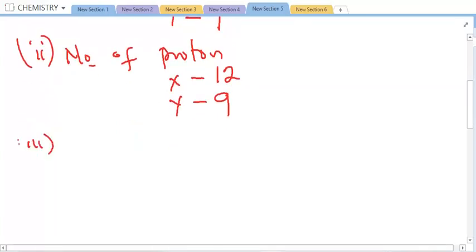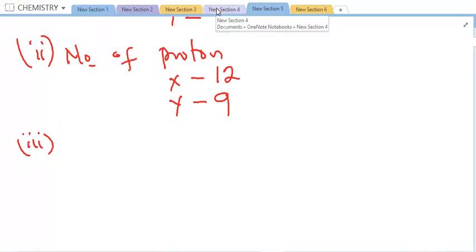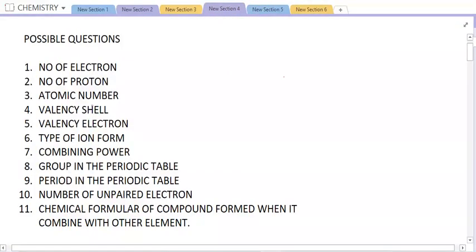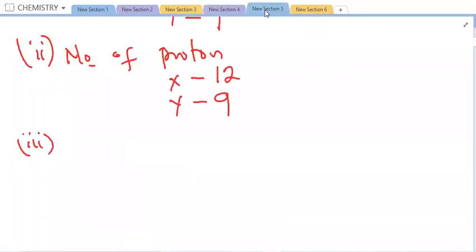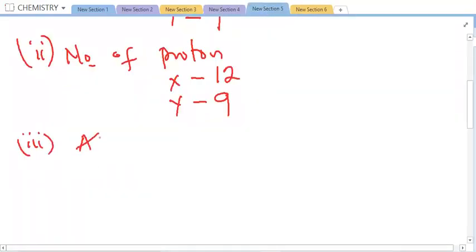Then number 3. Number 3 says we should find the atomic number. Now, by definition, atomic number is the number of protons in the nucleus of an atom. So it means for X, the atomic number will be equal to the number of protons X possesses. So X has what? 12.